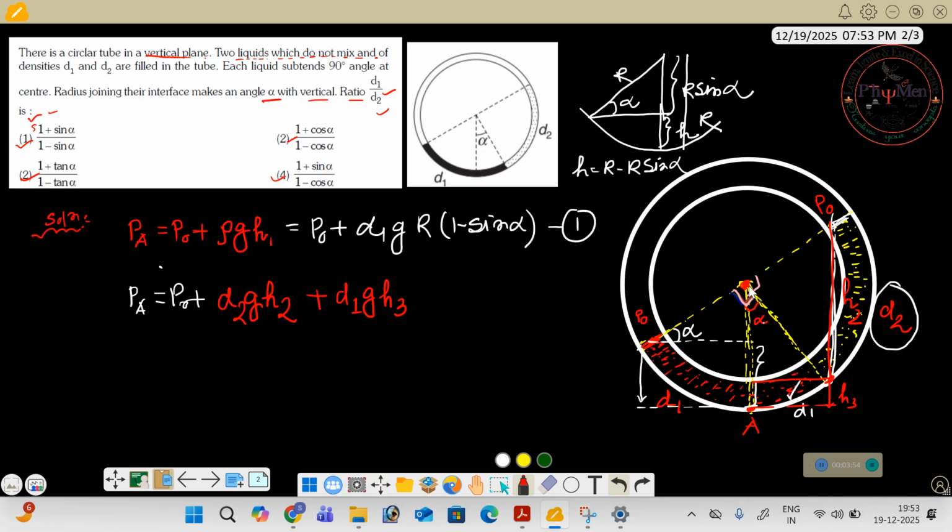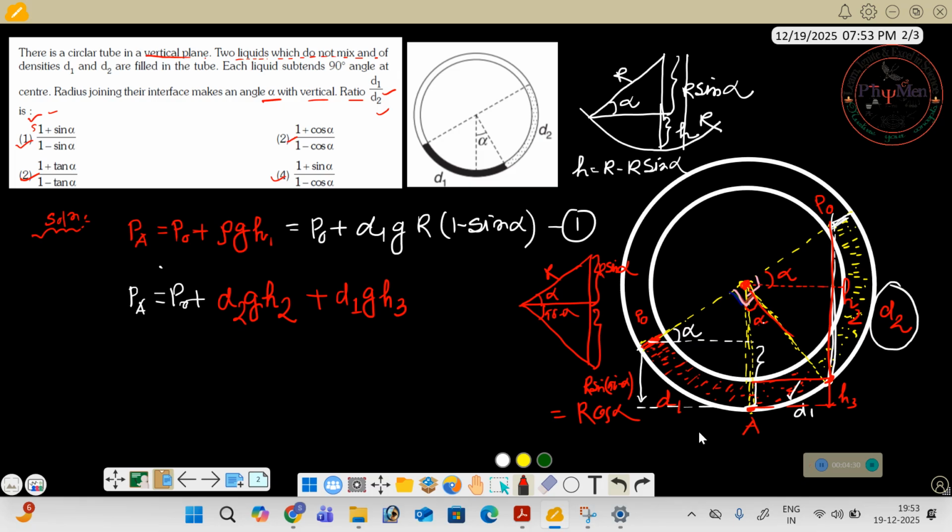Now for this, let's draw a perpendicular on this. If this angle is alpha, then this angle is alpha. So from this triangle, this is R, so this will be your R sine alpha, and then from this triangle, this angle will be 90 degrees minus alpha, so this will be your R sine of 90 minus alpha, which is R cos alpha.